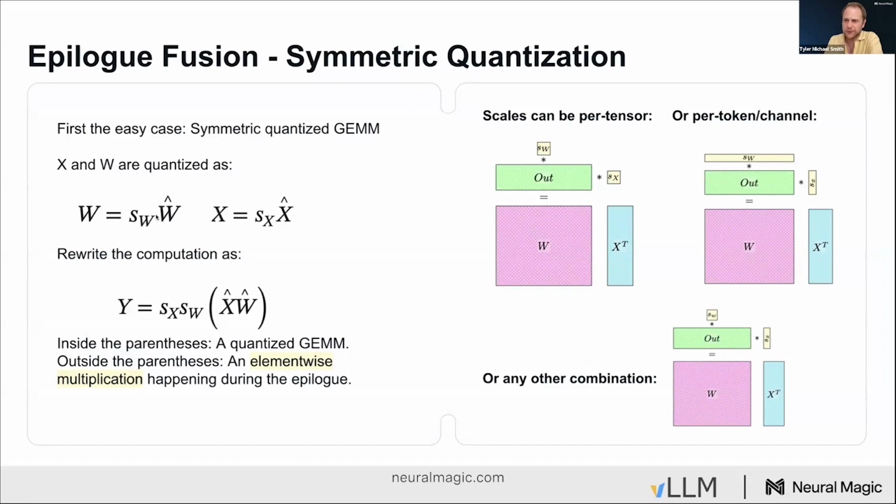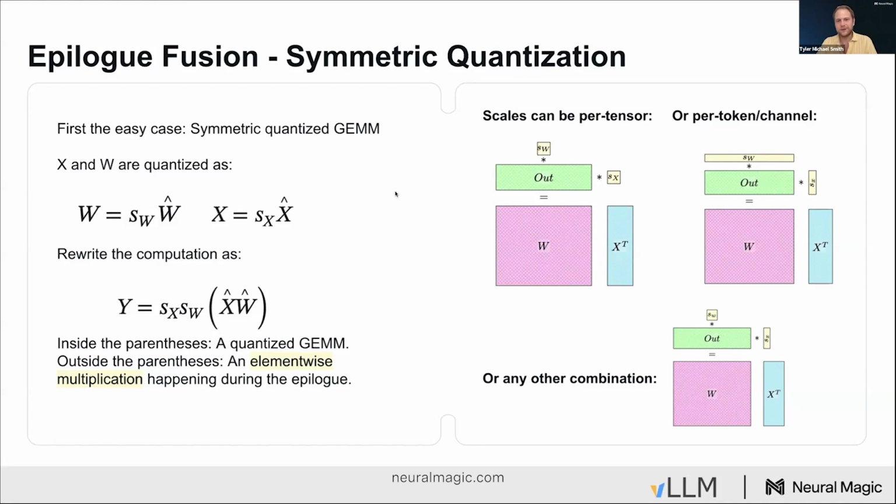If we multiply these together, we can just commute our scales. We can perform this quantized GEMM, x hat, w hat, and then the scales happen on the outside. What it means to happen on the outside is we apply them to the output while they're in registers or in shared memory right before writing them out to GPU DRAM.